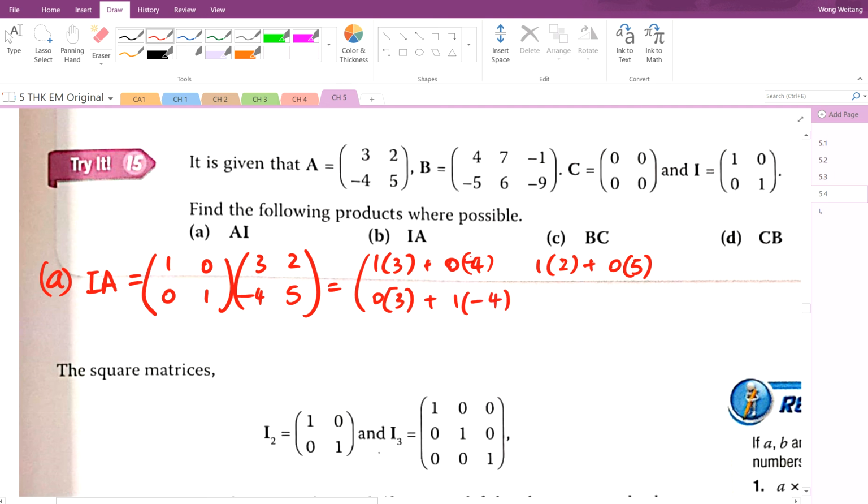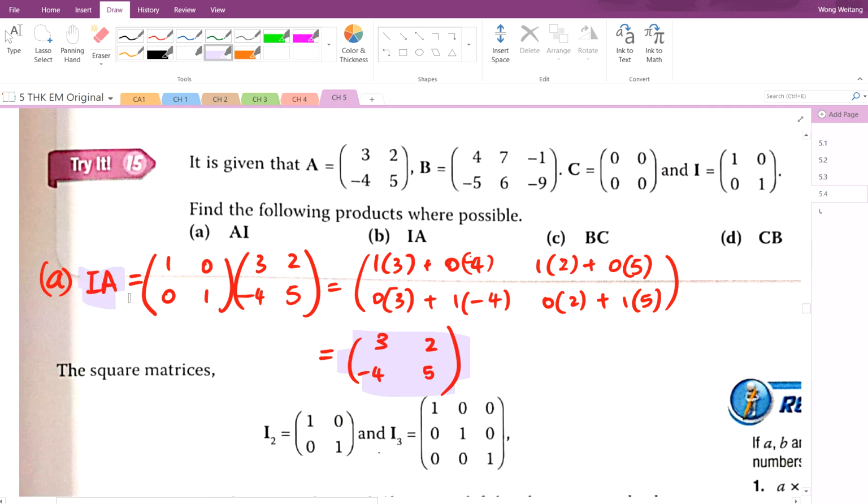Oops, there's a negative over here. Then we've got 0 times 2 plus 1 times 5. And here I get 3, 2, negative 4, and 5. Are they the same? Yeah, same again.